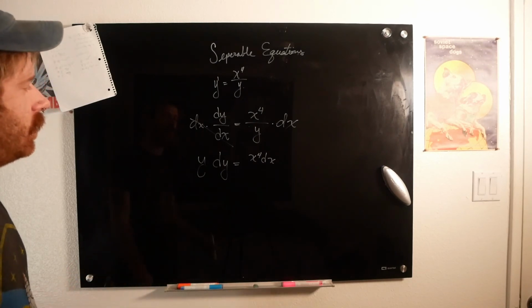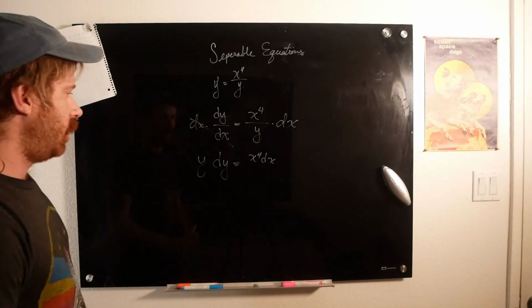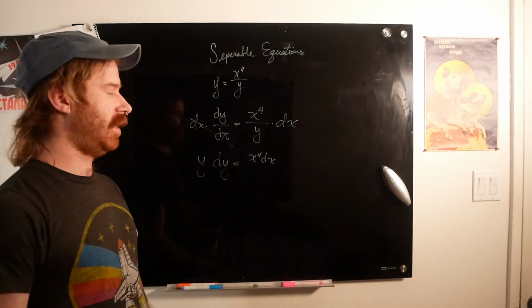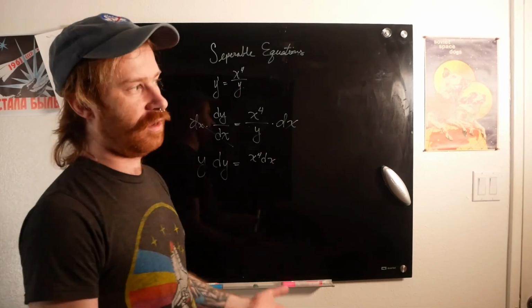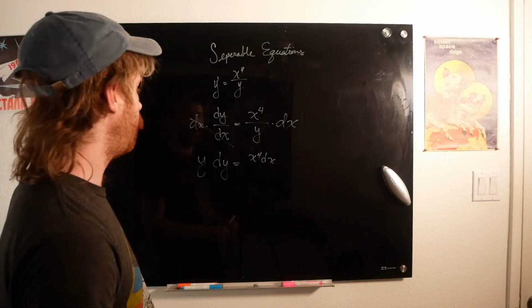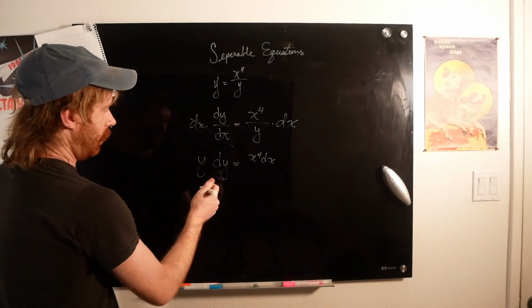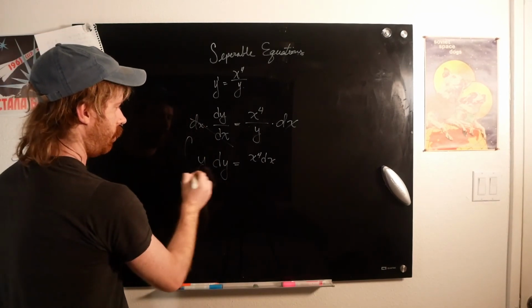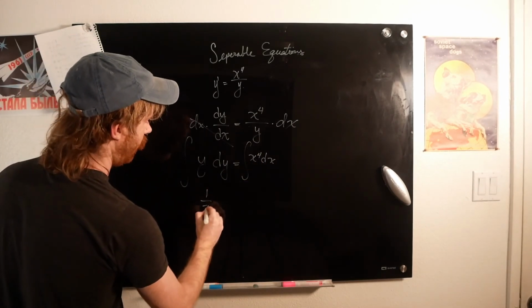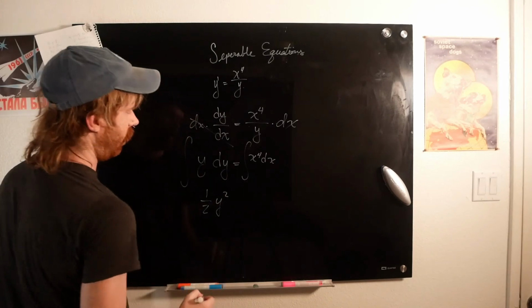Typically, I don't worry about the constant of integration on the left side. I only worry about it on the right side, because if you add two constants together, you're going to get another constant. So you can just call it c for one side. So let's do the integral of both sides. We're going to integrate, and this is going to be 1/2 y squared.